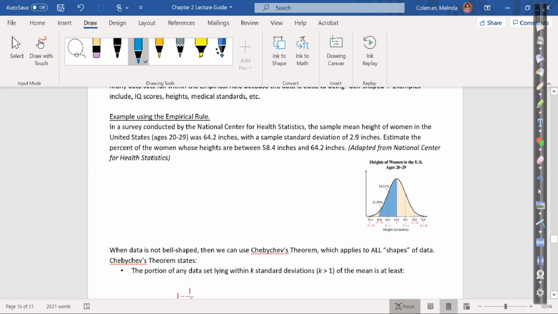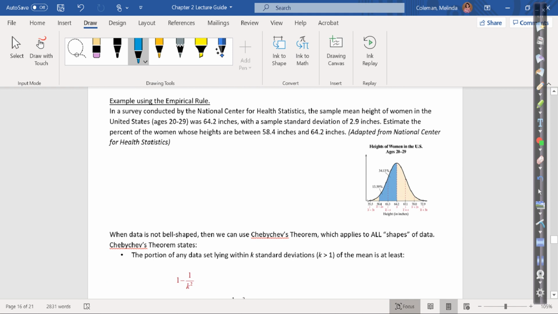All right. So in order to find out the percent of women whose height is between these two, if you look at your height, here's your mean. The mean is 64.2. We want to know this blue area.